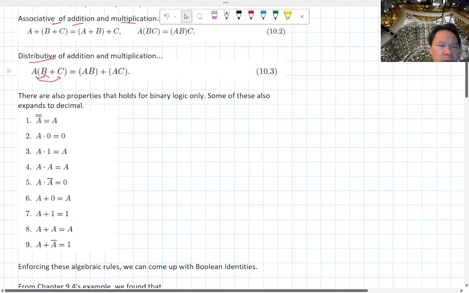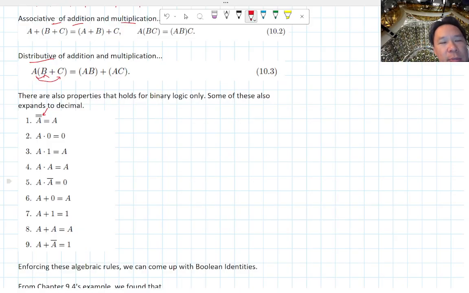There are also additional properties that are usually useful for binary only. For example, if you double bar, you take the opposite twice, the opposite of the opposite gives you the same number, right? So if you flip 1 once, you get 0. If you flip that again, you get 1 again. So any even number of inverting gives you the same state back.